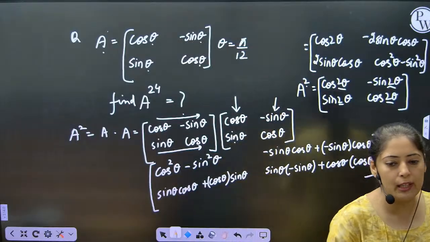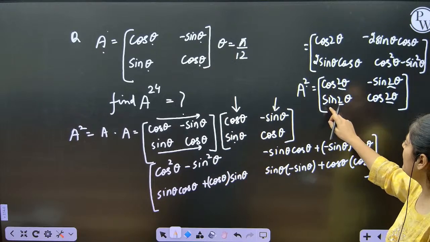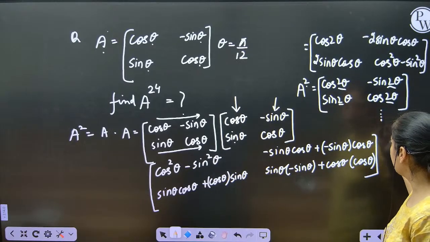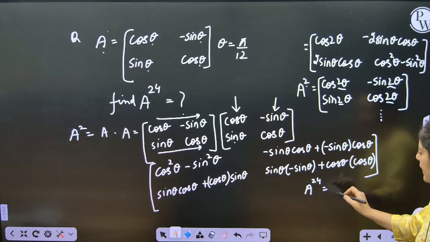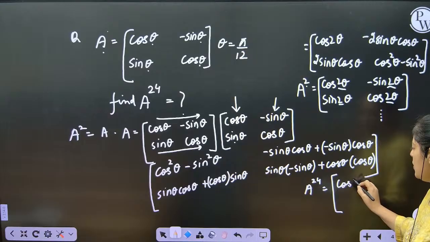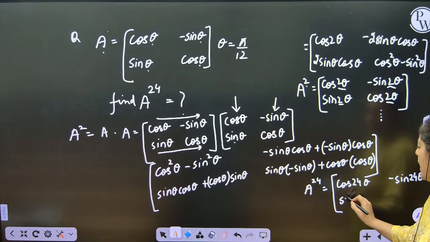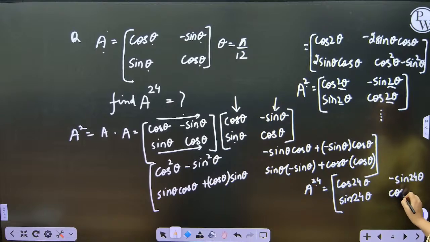And when you will do A cube, you will find the answer is coming out to be cos 3 theta, minus sine 3 theta, sine 3 theta and cos 3 theta. So up to so on, if we will do A raised to 24 with this pattern only, I'll get cos 24 theta, minus sine 24 theta, sine 24 theta, because whatever the power is there, that is getting multiplied with the theta only, and this will become cos 24 theta.